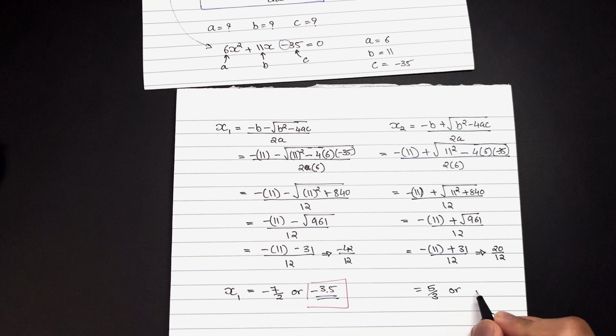And this is our x2, as we showed you here. So these are our answers. This is the value we get when we solve for x, the same as the one I showed you earlier using the graphing calculator.